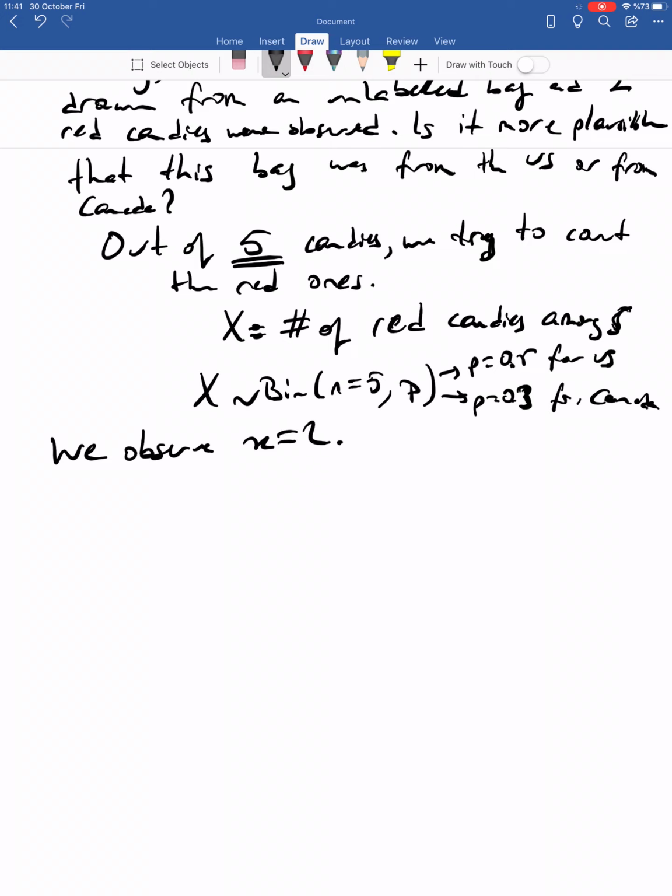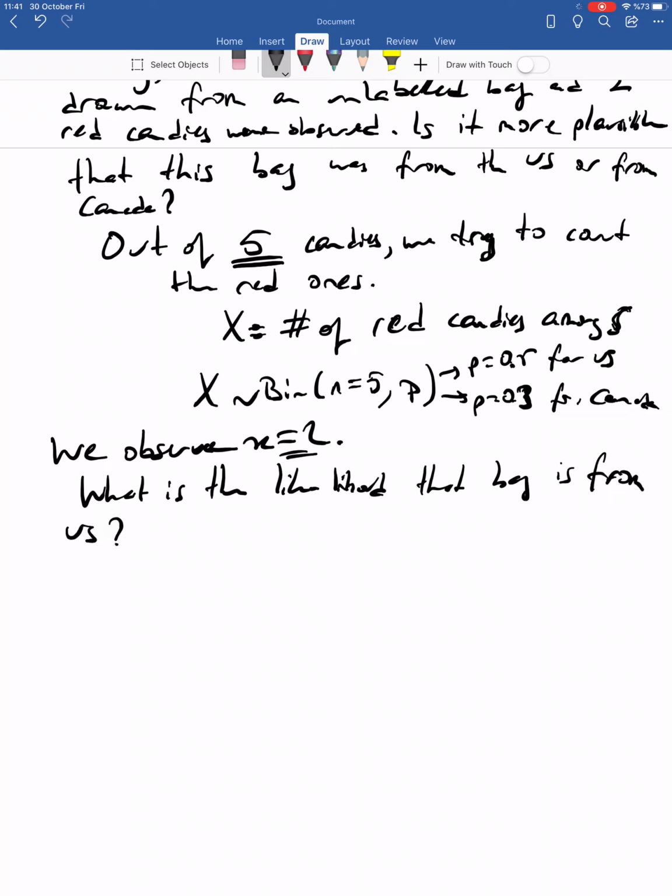After observing my sample as 2, what is the likelihood that the bag is from the United States or from Canada? Then we compare these likelihoods. Which one is higher? Which one is more likely?